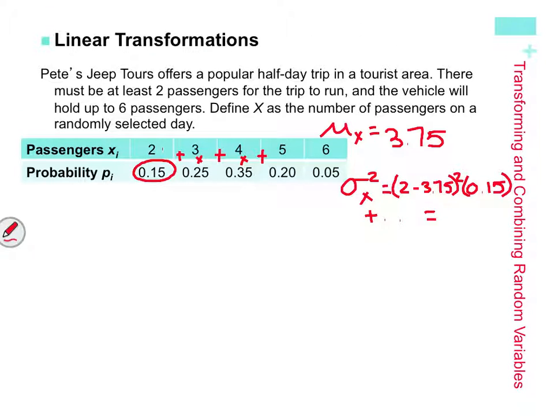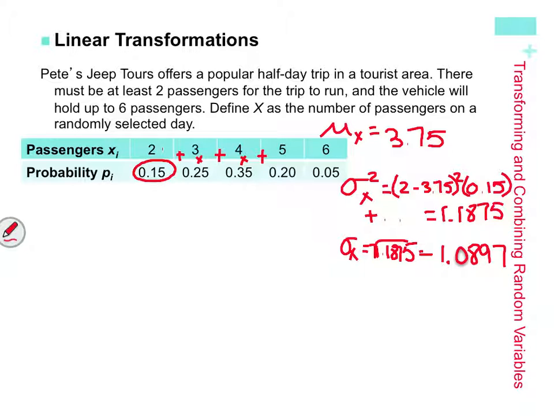And you will end up with 1.1875, okay? Your variance is 1.1875. The square root of that would be your standard deviation. So our standard deviation here is going to be 1.0897 for Pete's Jeep Tours.